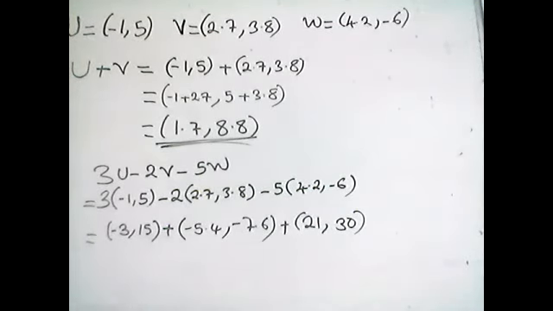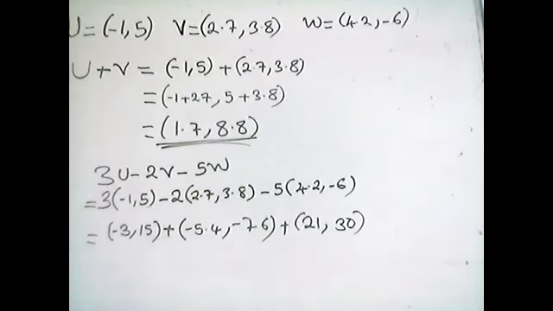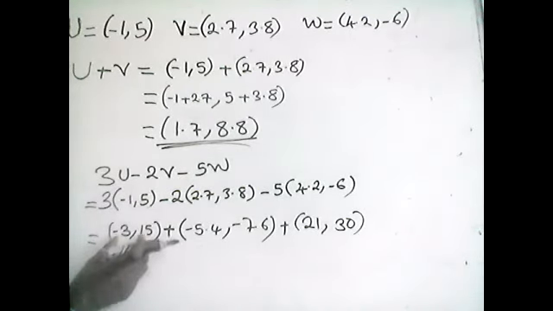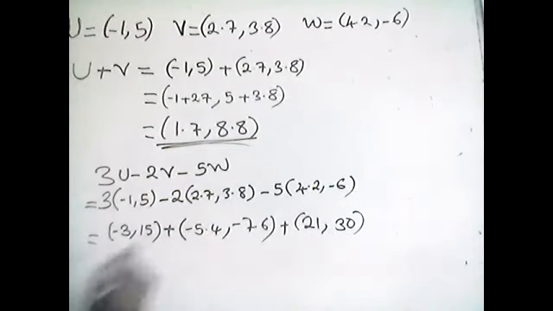And then we just add. Now when you look at this, we have two elements, x, y, x, y, x, y. So here we add the x's together, and the y's we also do the same.